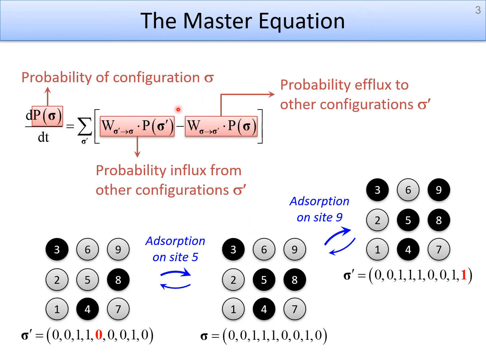So this completes the probability balance, right? You can see here we have W, the transition probability to go from state sigma to all the other states when we take into account the sum. So these two terms complete the probability balance. We have the influxes from the other states, the effluxes towards the other states, and all of this is equal to the accumulation of probability in state sigma.